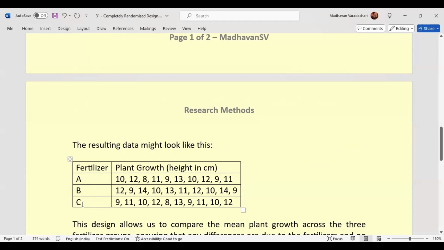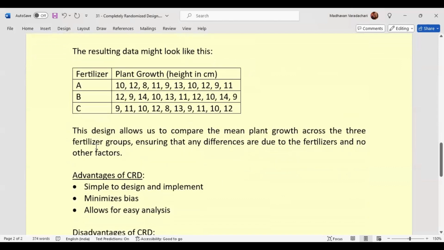Similarly, for the third group, where you had used fertilizer C, you may get readings like 9, 11, 10, 12, 8, 13, 9, 11, 10, and 12. So this design allows us to compare the mean plant growth across the three fertilizer groups, ensuring that any differences are due to the fertilizers and no other factors.